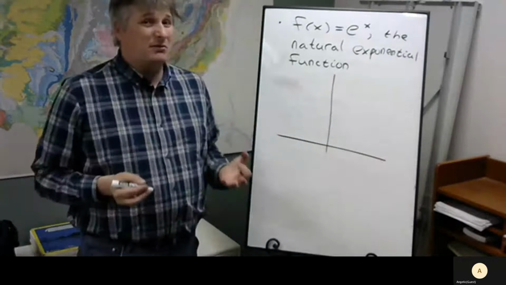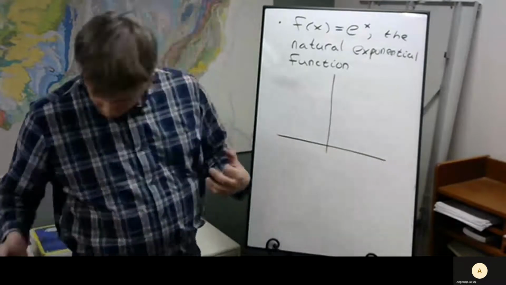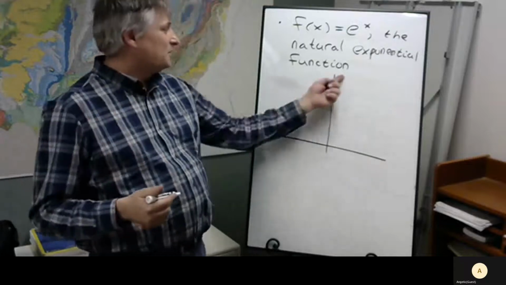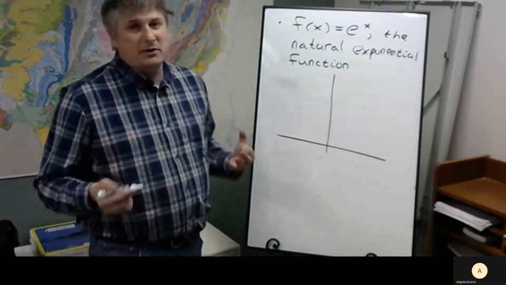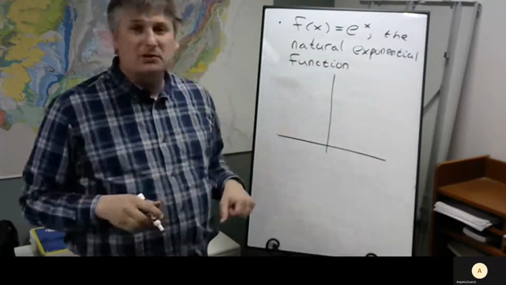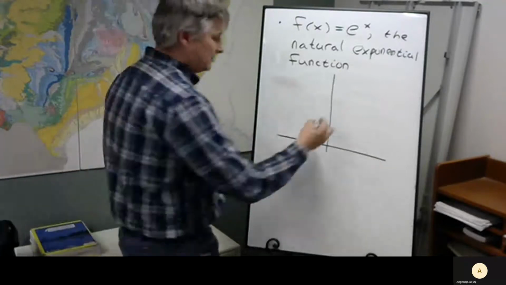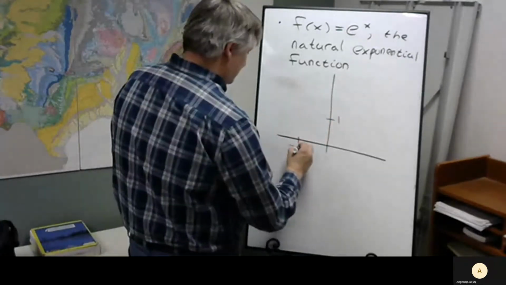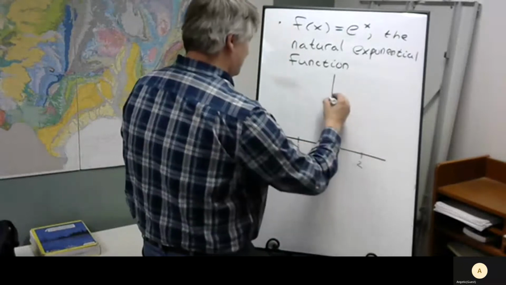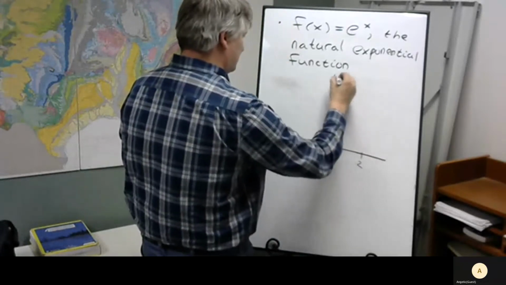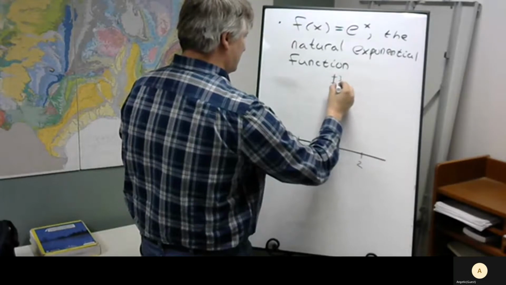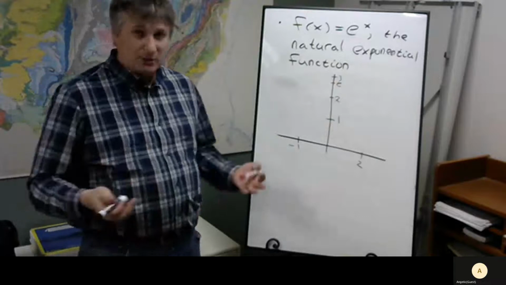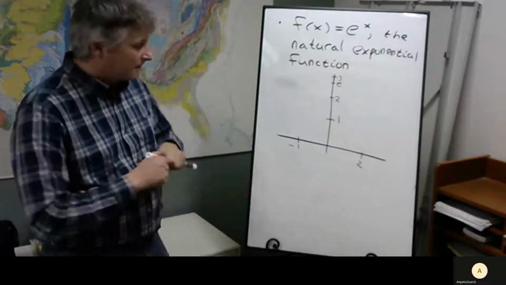Now, note that e is bigger than 1. It's 2.71828 and more digits. That's bigger than 1. So the graph for e is going to look like the graph for an exponential function with a b bigger than 1.